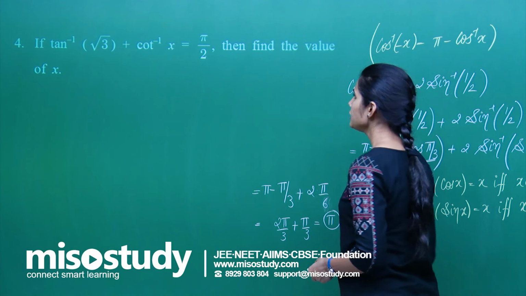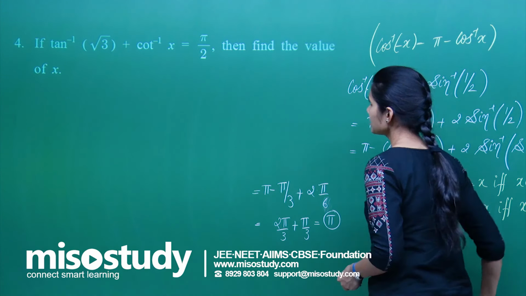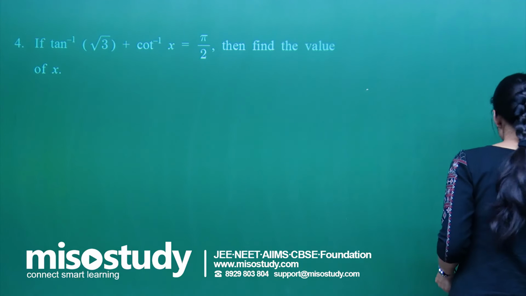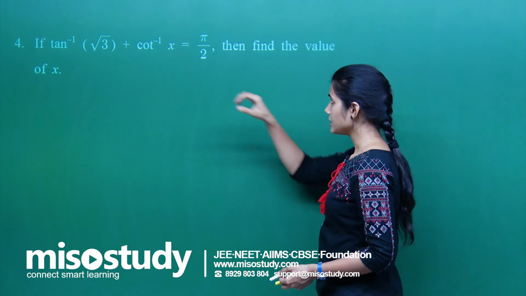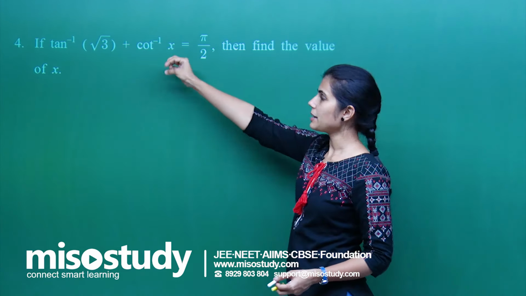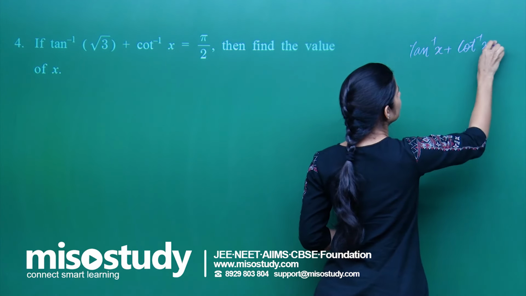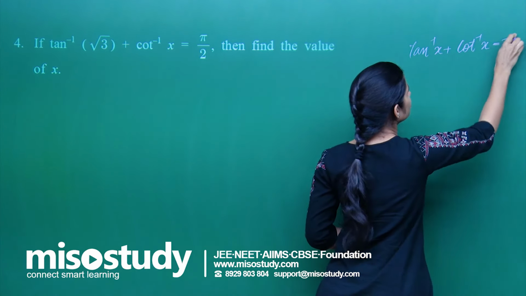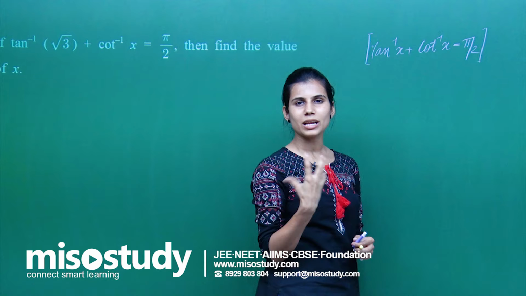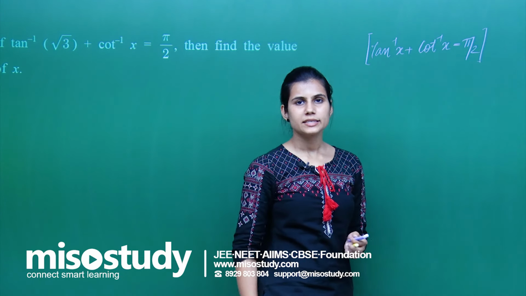Next we have: if tan inverse root 3 plus cot inverse x is pi by 2, find the value of x. Again, one property which is clearly evident to be used over here is something related to pi by 2 and something related to cot inverse x. We know that tan inverse x plus cot inverse x is pi by 2, and so if I am given pi by 2 and cot inverse x, I would always want to club them together to bring tan inverse x in the picture.